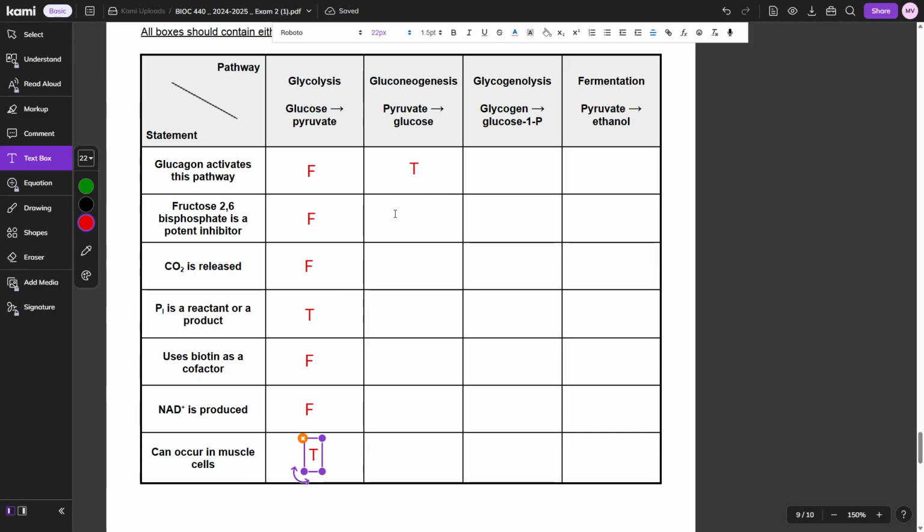In this case, if we're doing gluconeogenesis, is fructose 2,6-bisphosphate going to be an inhibitor or an activator of this pathway? It would activate, so which enzyme would it activate in this pathway?